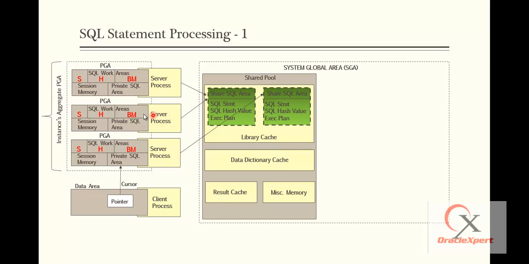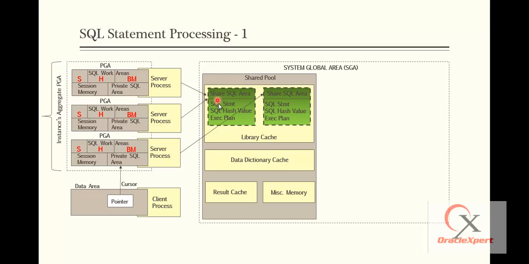The Oracle database recognizes when two users execute the same SQL statement. As I said, here is my server process allocated to a user connection initiated by, let's say, a user named Tom, whereas there's another user who initiated a connection named Jack, and this is the server process assigned to Jack. Now I'm assuming both Tom and Jack ran the same SQL statement.